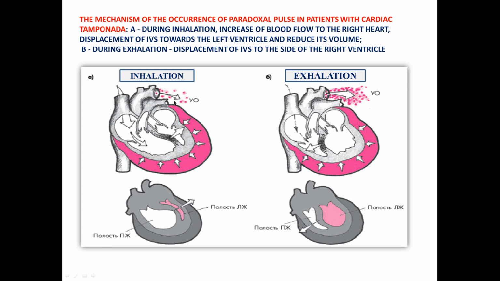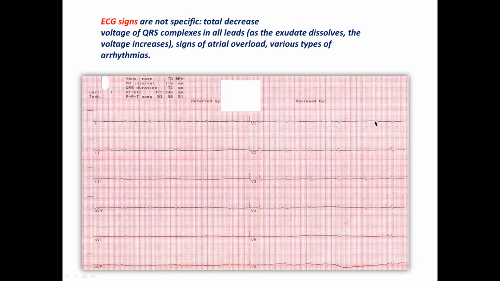That's why cardiac output decreases. During exhalation, we have displacement of interventricular septum to the right side and increase in size of left ventricle, and cardiac output becomes more. That's why we have differences of pulse during deep inhalation and deep exhalation.